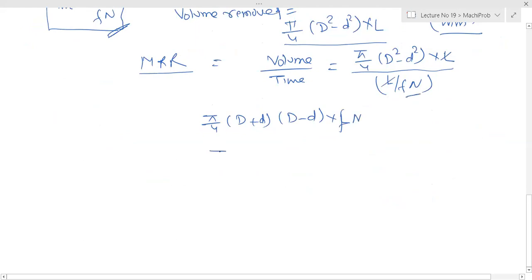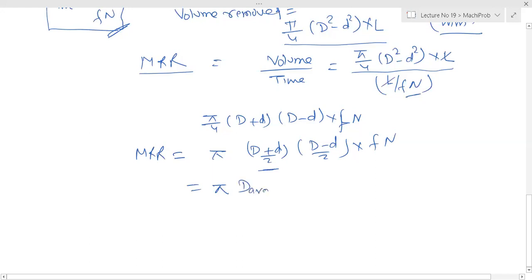So we can write like this: (D plus d) by 2, into (D minus d) by 2, into Fn. So this is your average diameter. It means this is your initial diameter, this is your final diameter, divided by 2, that is your average diameter, into (D minus d) by 2.